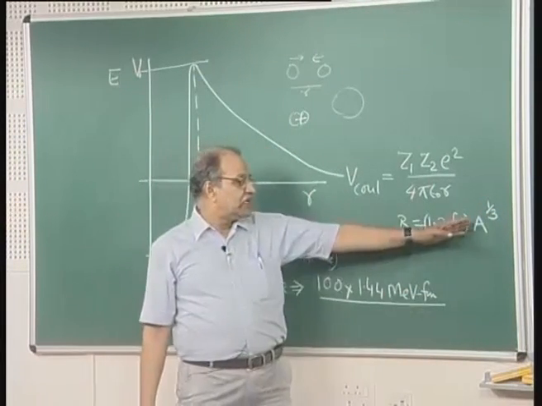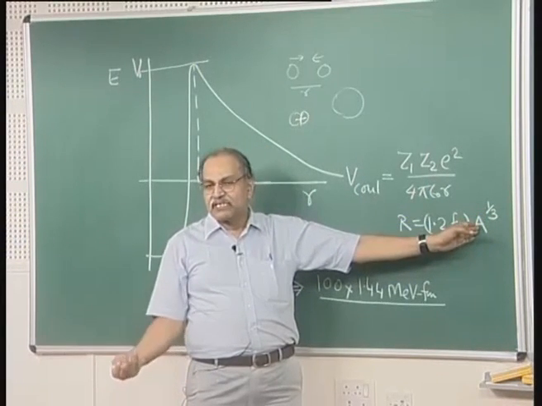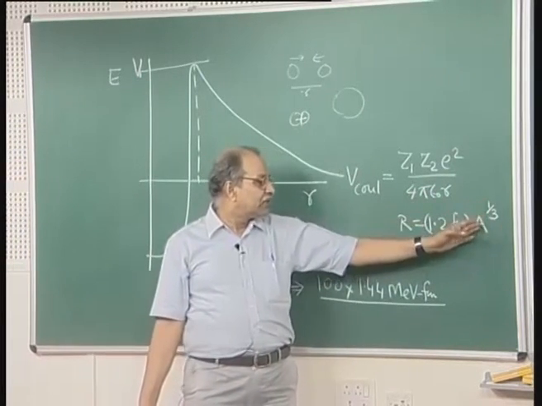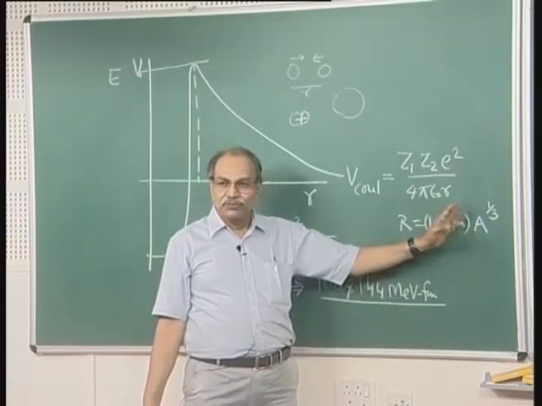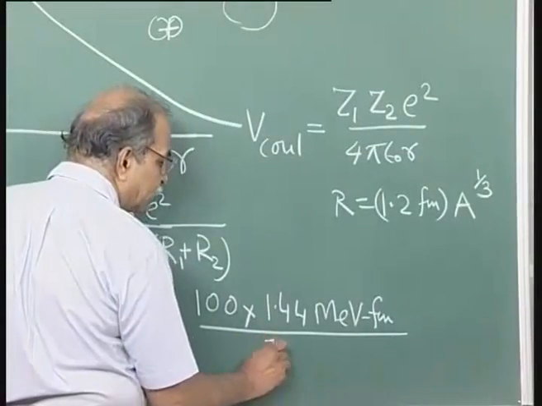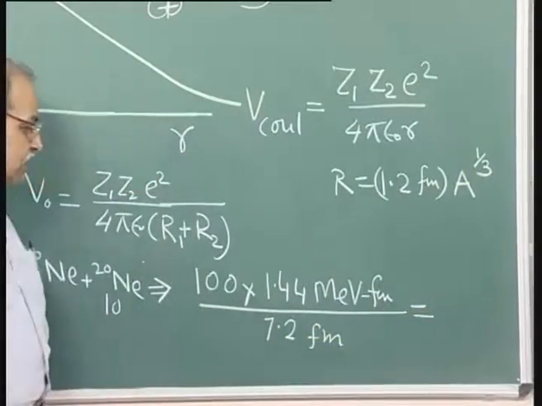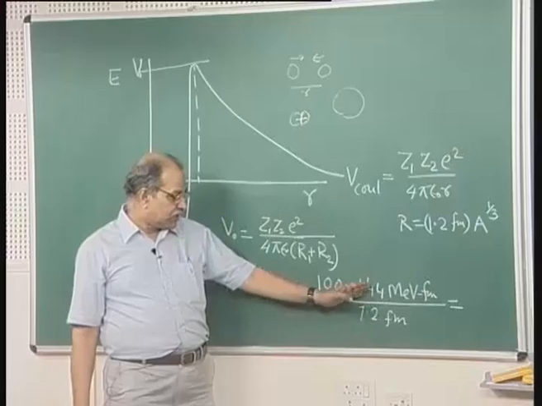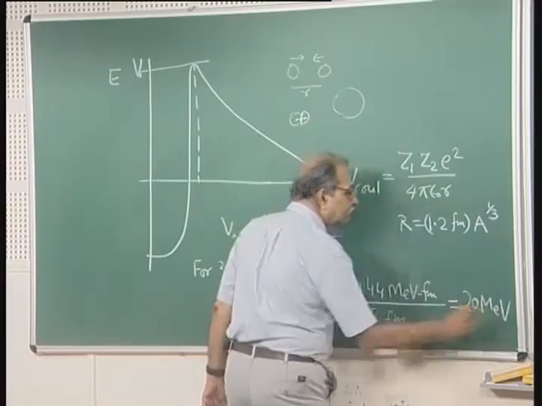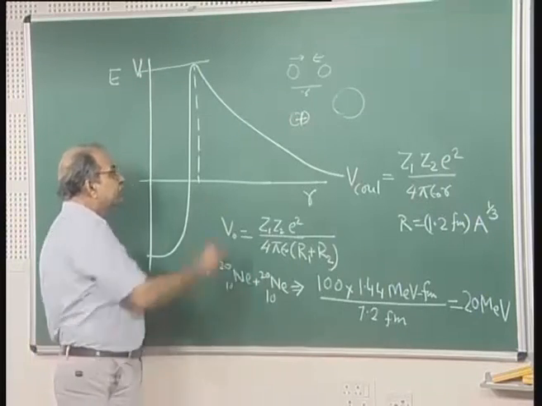You can put A equal to 20 here; the cube root of 20 will be a little less than 3, since the cube root of 27 is 3. That multiplied by 1.2 gives something like 3.5, 3.6 femtometers, and double of that will be 7.2. Let us take it as 7.2 femtometers. So, how much is this? This will be almost 0.2 here, and so it will be 20 MeV. So, this height for this particular reaction is 20 MeV.